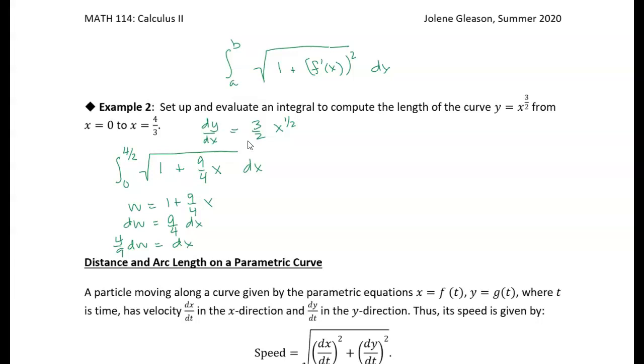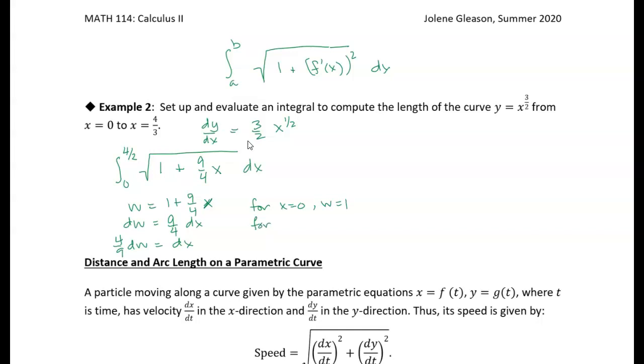Now, since this is a definite integral, I can also transform the limits of integration. At the bottom end of the interval, I've got x equals 0. So what is w when x equals 0? I can just plug in x equals 0, and I'll get w equals 1.